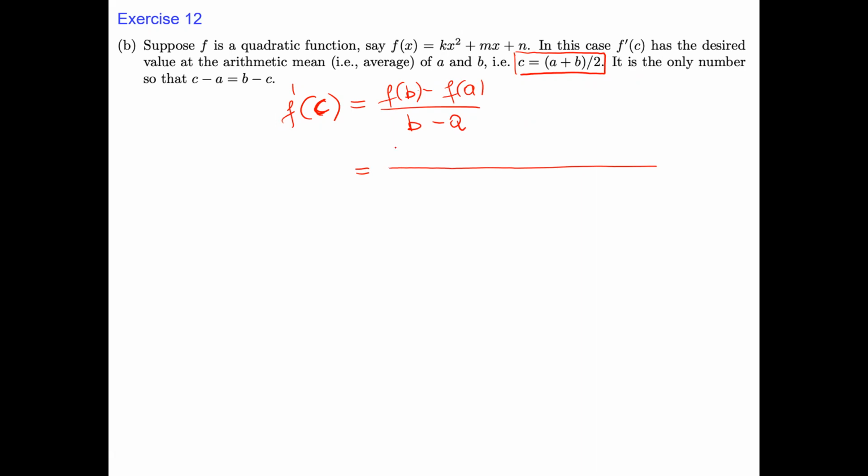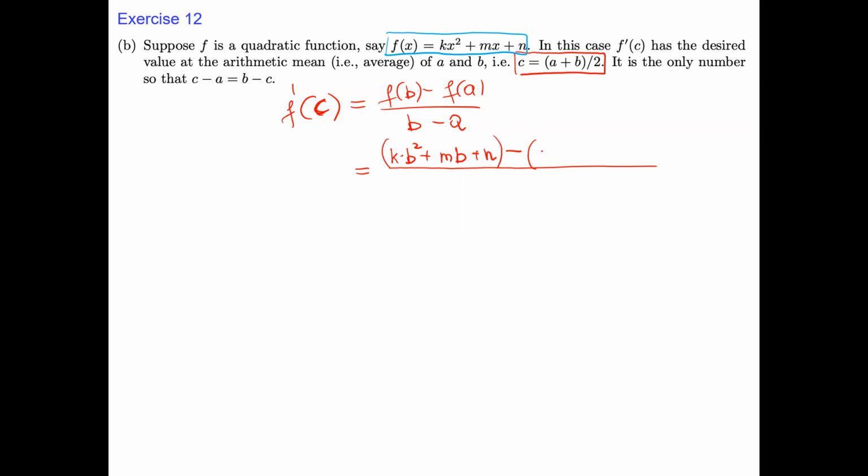Instead of x, we have to substitute b: k b squared plus m b plus n, and then minus f of a. Instead of x, in the equation of the function, I can indicate in blue, then we will know what I'm doing.